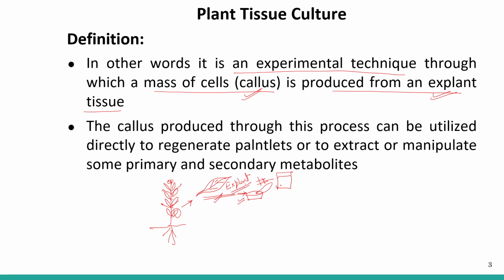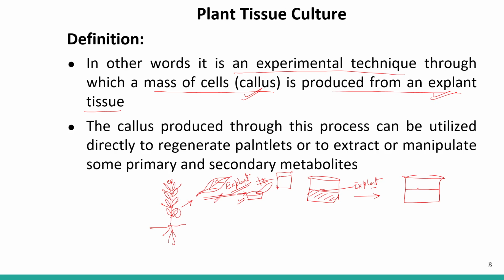So this explant is kept in nutrient medium. This nutrient medium can be a liquid or a semi-solid. You put that explant here. This is the explant. Now after some time, what will happen?